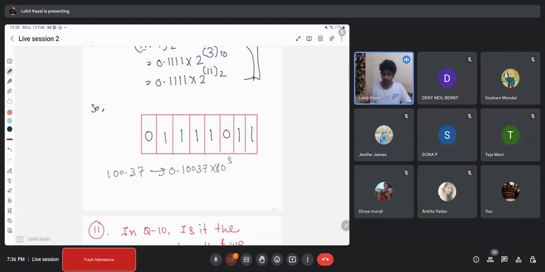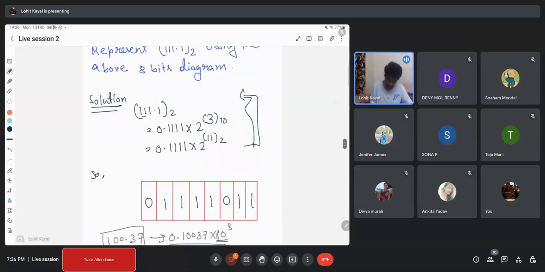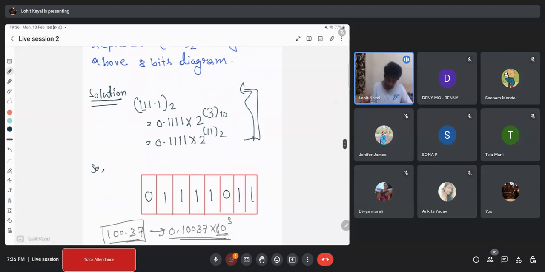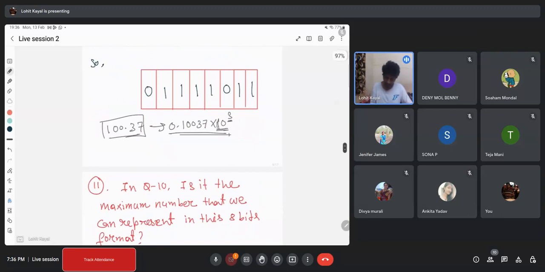This 10 appears because it is a decimal number and the base is 10. If it is in some other base, that base will appear here. Now, this is a binary number, so what will appear as the base? It will be 2. So 111.1 is equal to 0.1111 into 2 to the power 3. Remember, this 3 is in the decimal basis, just like here we write 10 cube.